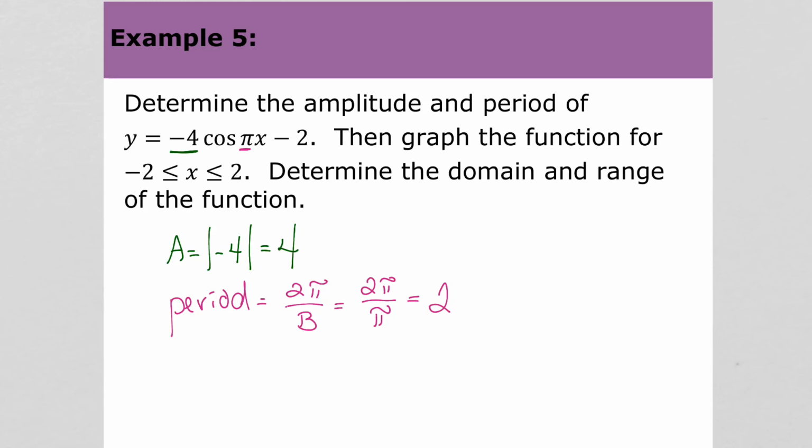So the first thing that I want to do is talk about our 5 key points for the graph of y equals negative 4 cosine of pi x. We'll deal with that minus 2 here in a minute.